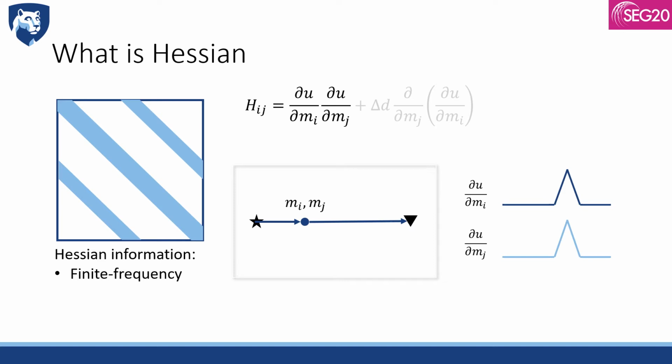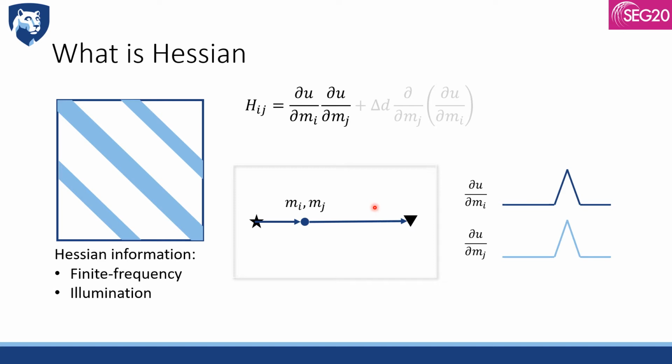And also, there will be less geometric spreading, so the amplitude will be larger, and the Hessian element will be larger as well. In another word, the values of the Hessian elements can indicate the illumination information, which captures the source-receiver geometry.